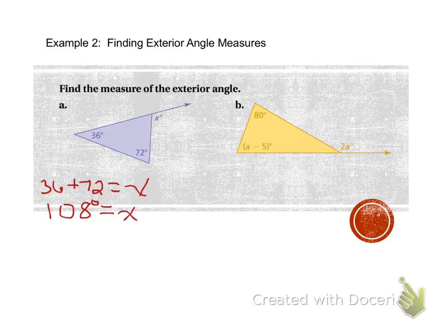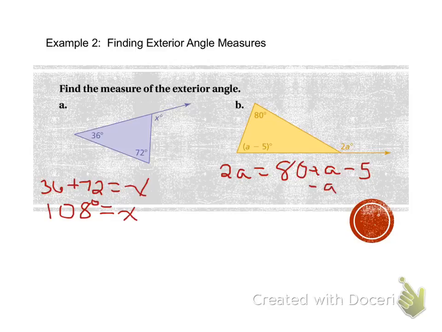Now again here on B, we've got some letters mixed in, but we know that that exterior angle is really just those two alternate interior angles here, 80 plus a minus 5. So now we have an equation with variables on both sides. So we need to get the variable onto one side.